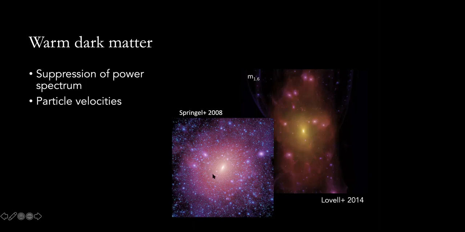And then you've got this plot from Springel et al., which is a cold dark matter Milky Way simulation. You can see a difference in structure, and that structure is different because of the initial conditions, not because of the methods. Okay, so warm dark matter, same methods you use for cold dark matter, it's just different initial conditions lead you to a different outcome.